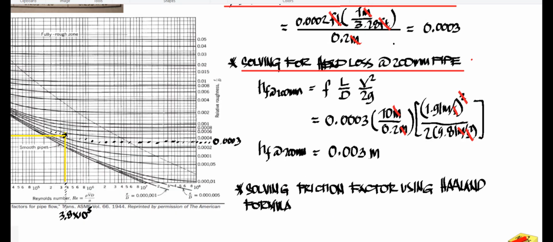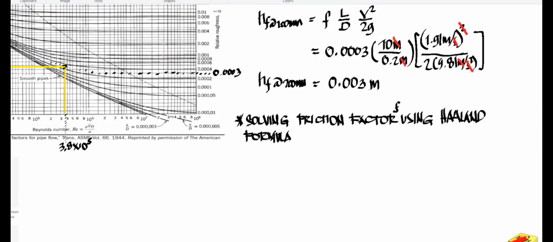One alternative for F is using the Haaland formula.